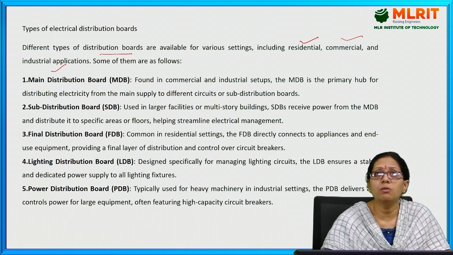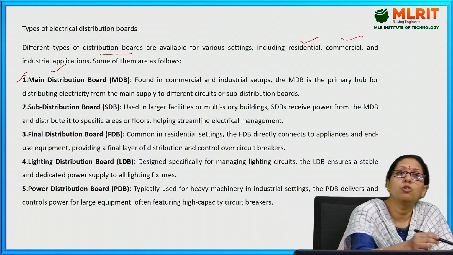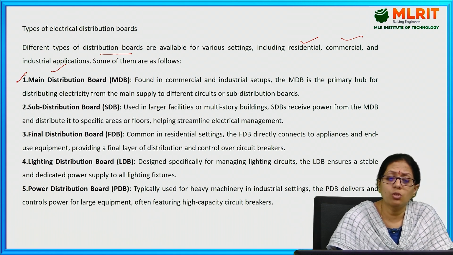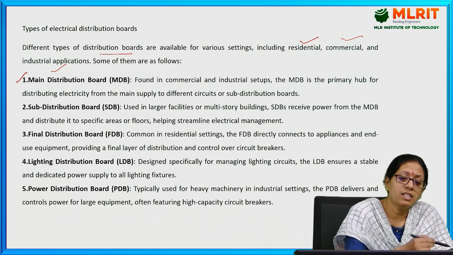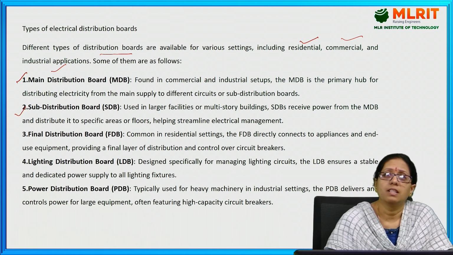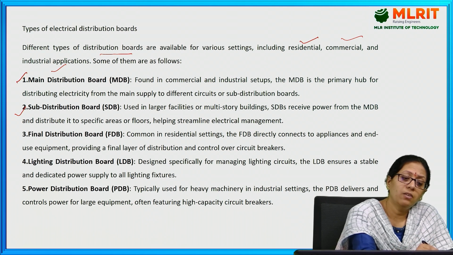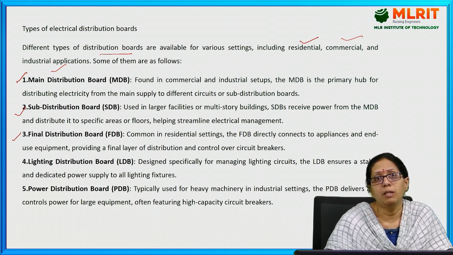Some of the distribution boards are: the first one is the main distribution board, also called MDB. The second one is the sub distribution board, that is SDB. The third one is the final distribution board, FDB.